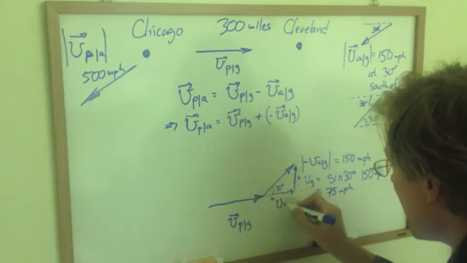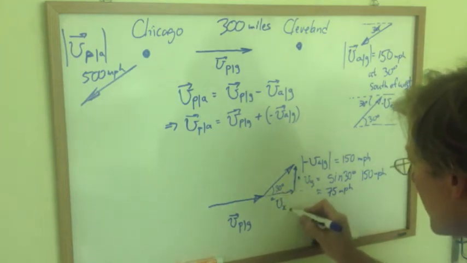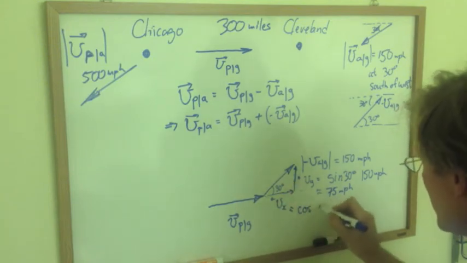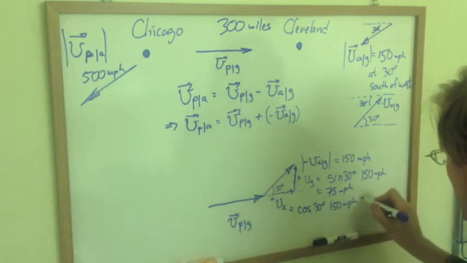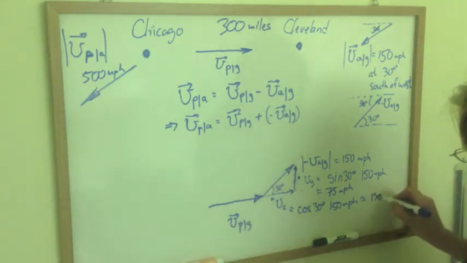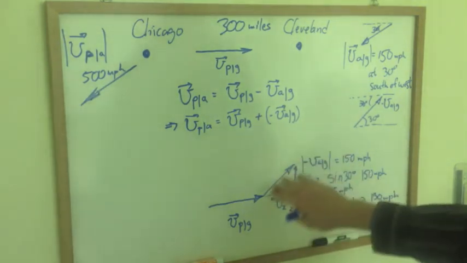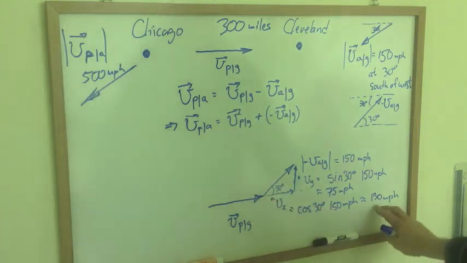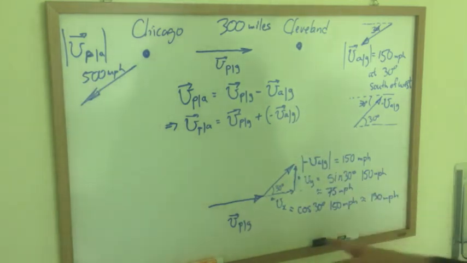And it has a horizontal component, which is a function of the adjacent side to this angle, so that is cos 30 degrees times 150 miles per hour, and that is approximately 130 miles per hour. So a 150 mile an hour wind blows at 30 degrees from the horizontal, blows 130 miles per hour horizontally and 75 miles per hour vertically.